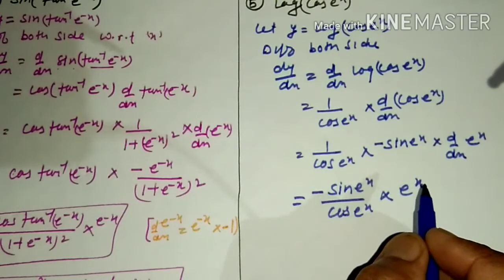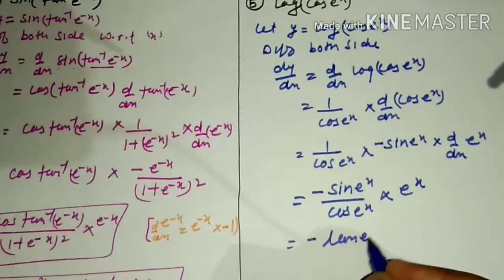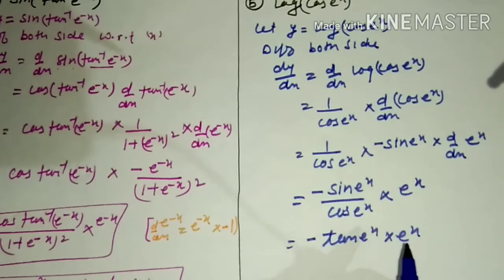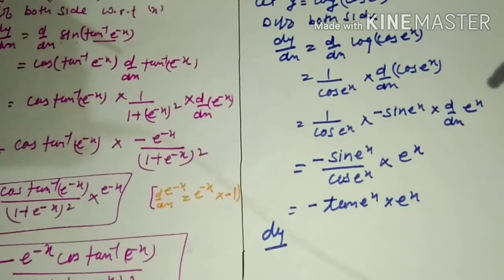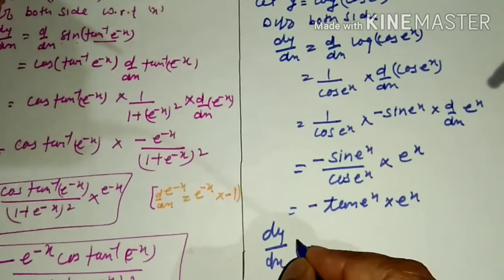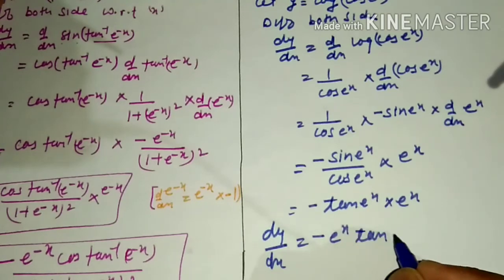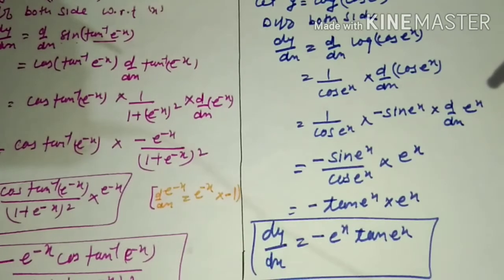So we can write it as minus tan e to the power x into e to the power x. Clear? And finally we can write it as dy upon dx is equal to minus e to the power x tan e to the power x. Clear?